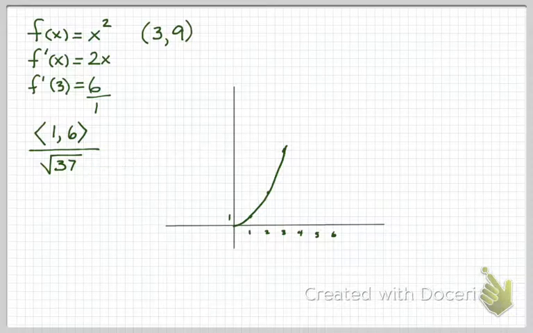Now if I come over to my graph and I try and plot that, over 1, up 6: 1, 2, 3, 4, 5, 6, it's right here. It's about right there.